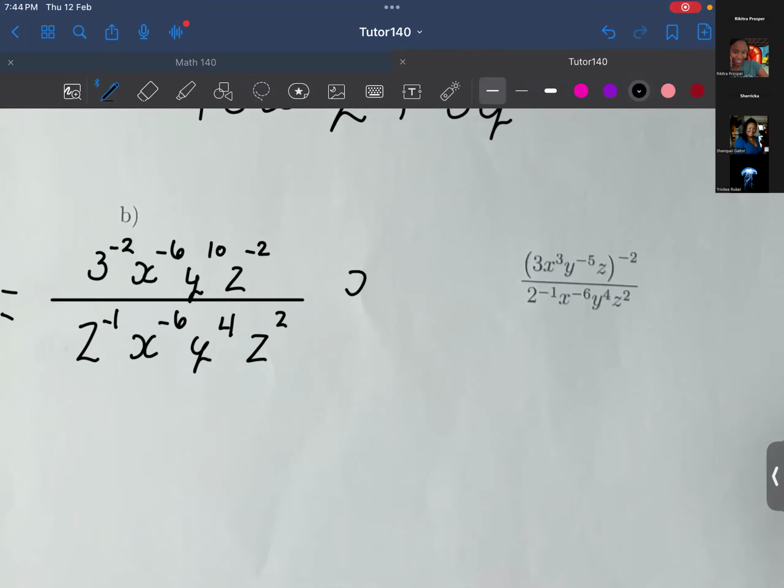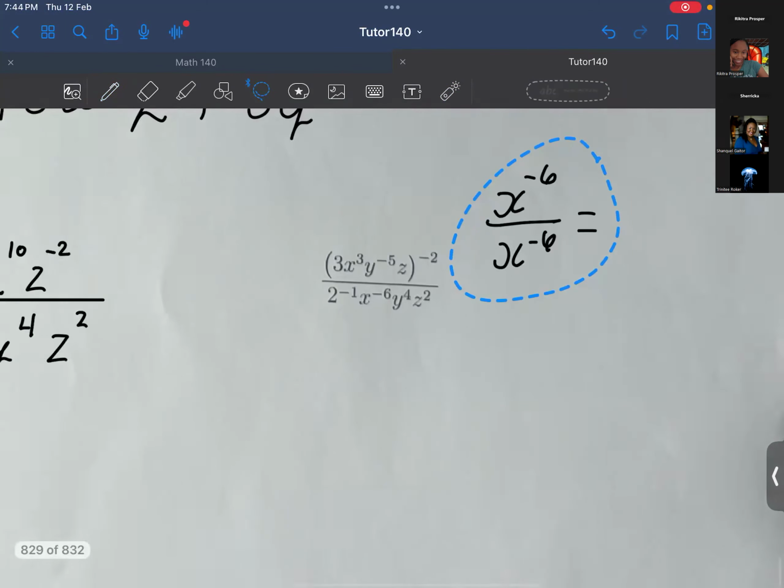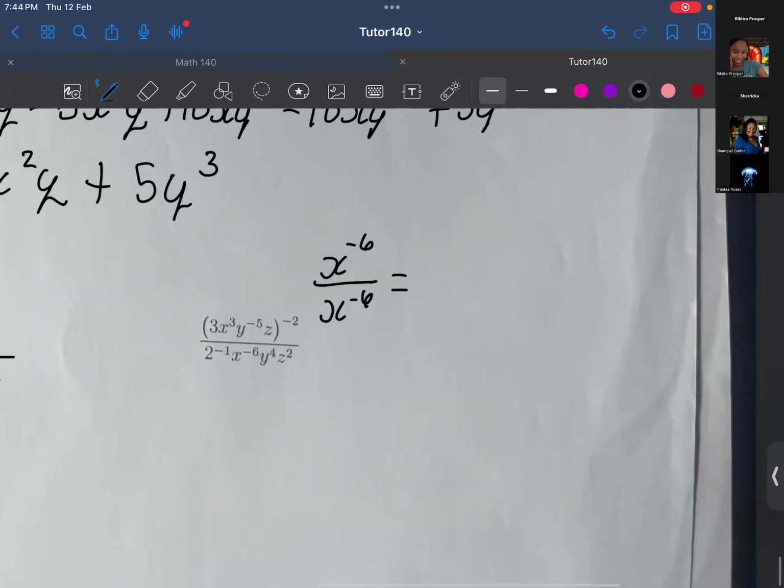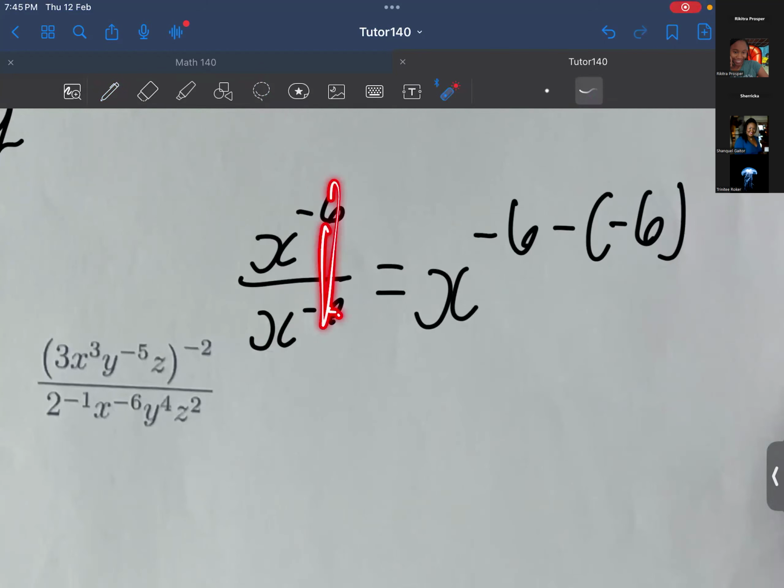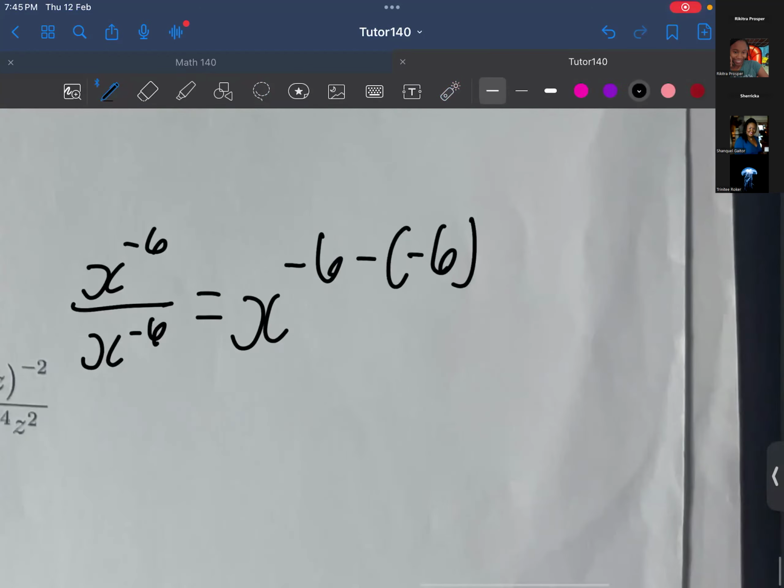So if you have x to the power -6 divided by x to the power -6, that's equal to x to the power -6 minus -6. Remember, the quotient rule is when you subtract the two exponents. It's already a negative, so you have to put the minus in the middle. If you don't, you're going to get an incorrect answer, which is equal to -6 plus 6, which is equal to 0. So this would just be x to the power 0, which is just 1.